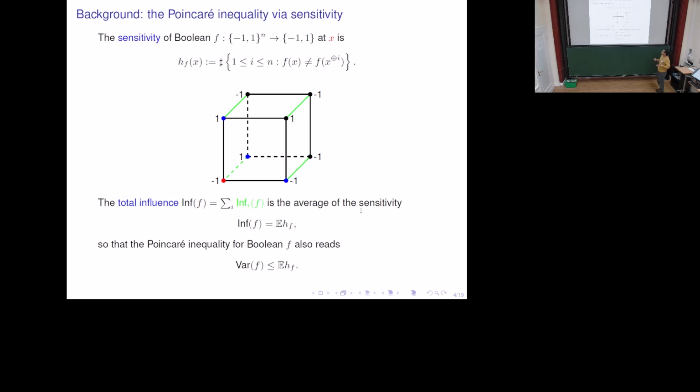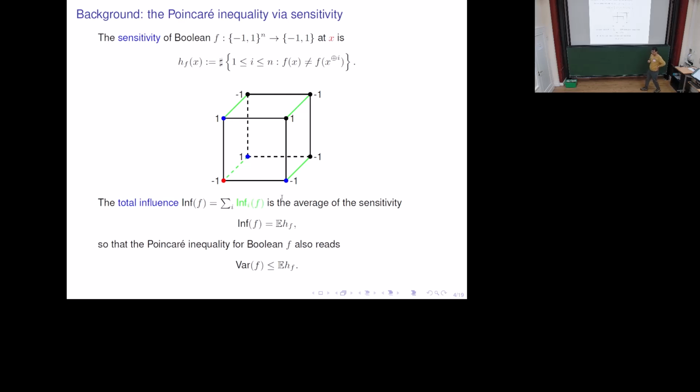This time I want to rephrase this Poincaré inequality in a different way, using a different complexity measure, the so-called sensitivity. So what is sensitivity? You consider a Boolean function. For example, you can consider this Boolean function on this three-dimensional Boolean cube. In other words, you have n equal to 3, and these values over the vertices give you a very specific example of a Boolean function.